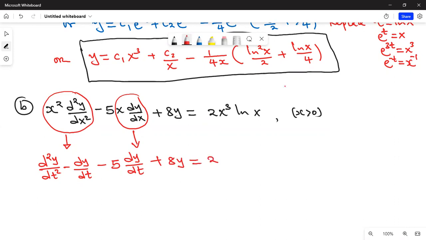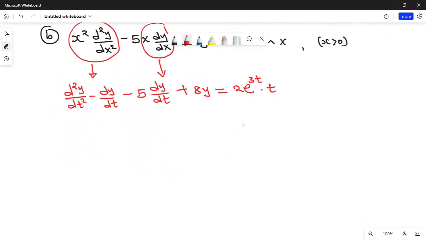We have just said here that x cubed is the same as exponential 3t. What about ln x? That should be t. So we have transformed the variable x to the new variable t. Let me add the like terms.